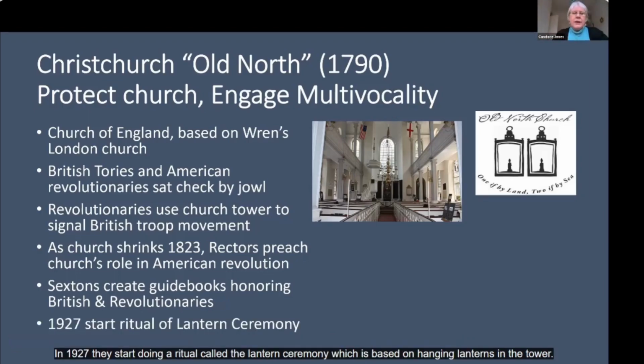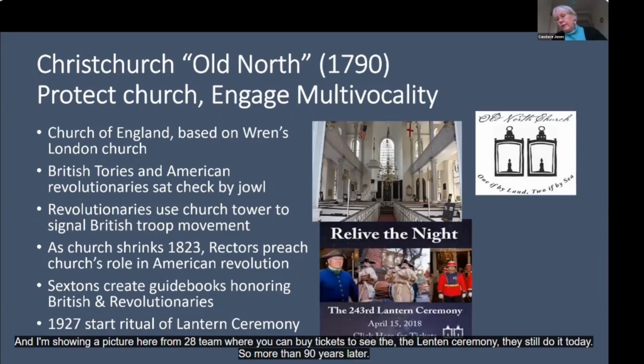In 1927, they start doing a ritual called the Lantern Ceremony, which is based on hanging lanterns in the tower. And I'm showing a picture here from 2018 where you can buy tickets to go see the Lantern Ceremony. They still do it today, so more than 90 years later.